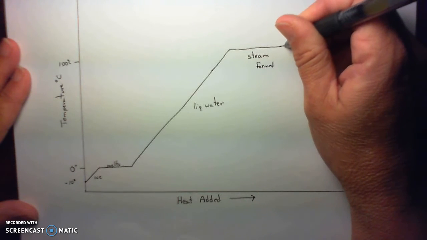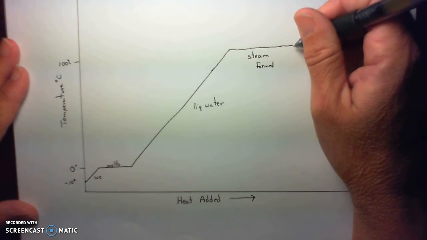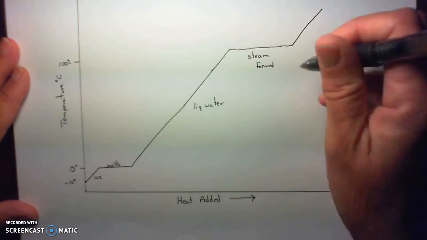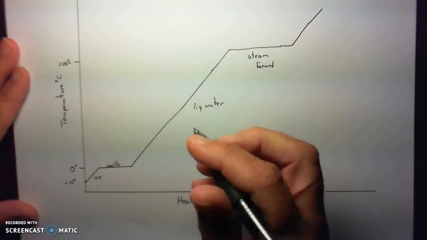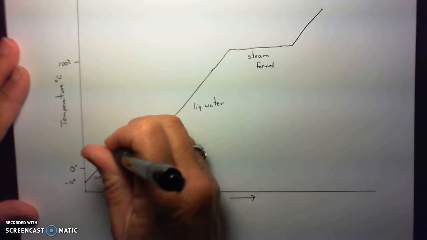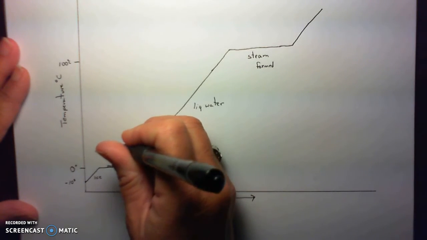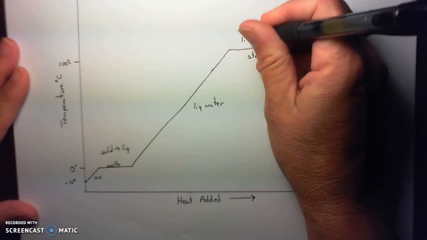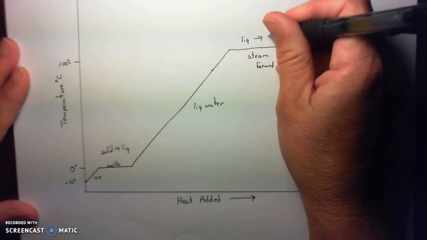And when all the water is in a vapor state, then the temperature will continue to go up again. So here we've got a solid going to a liquid, and here we have our liquid going to a gas.